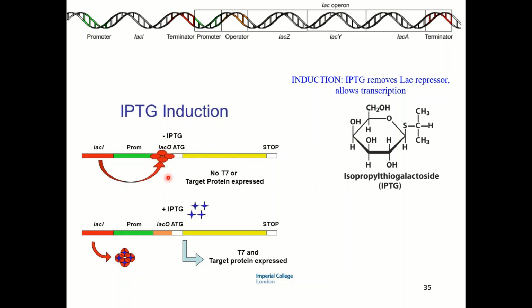Your repressor's bound. When you add IPTG, that removes the repressor, and now T7 polymerase can bind there and initiate the expression of your gene product that was inserted after this.